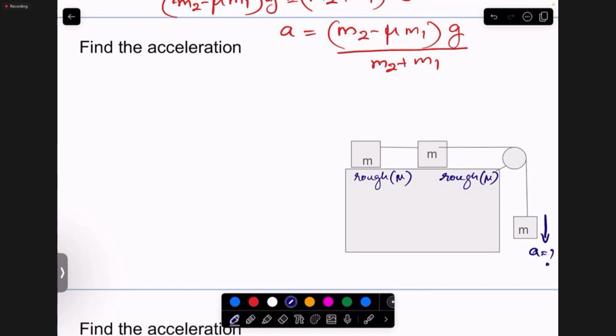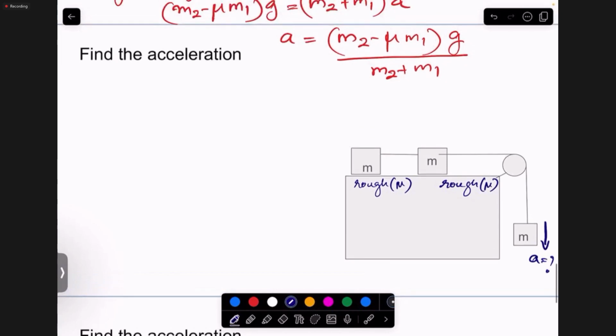Since all the blocks have the same mass m, first, due to this mass m there will be this weight mg acting. Because of this there will be tension here, because of this there will be tension here, and because of this there will be tension here. So that is done.